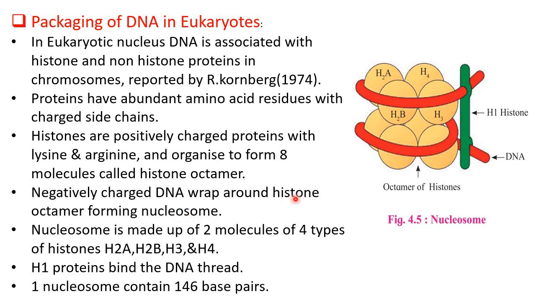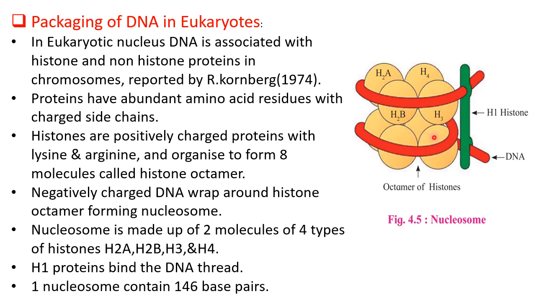Here in the diagram, we see a nucleosome unit. The nucleosome unit is made up of two molecules of four types of histones, that is H2A, then H2B, then H3 and H4. So of each type two molecules are present. In total here we see eight molecules: 1, 2, 3, 4, 5, 6, 7 and 8.